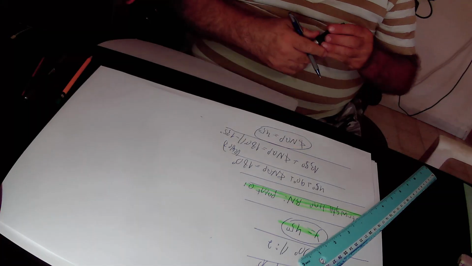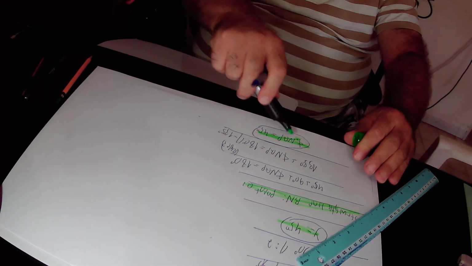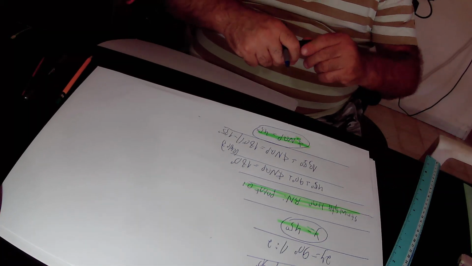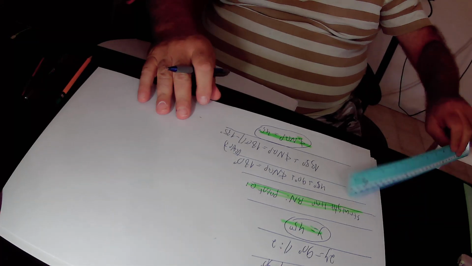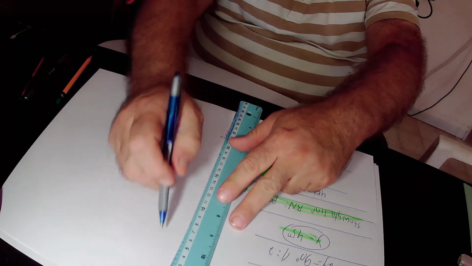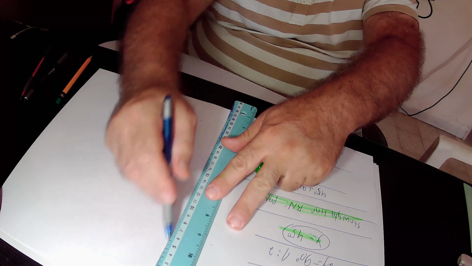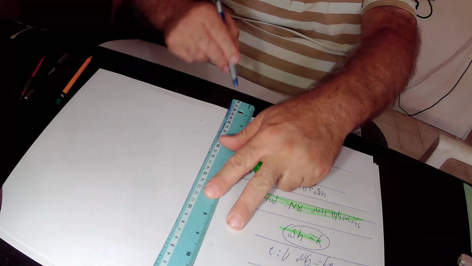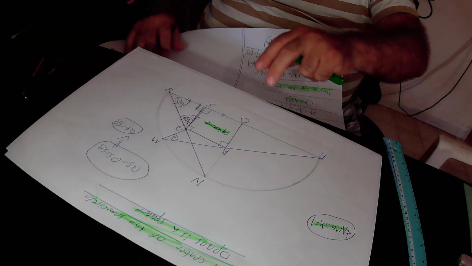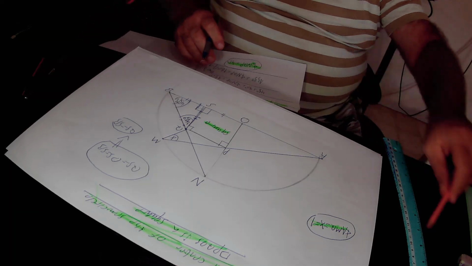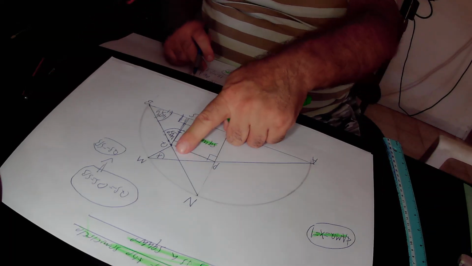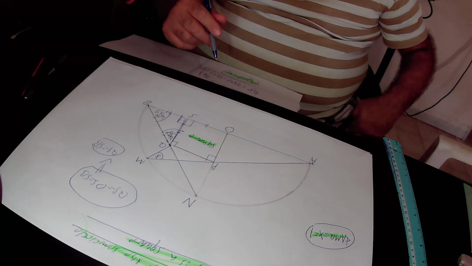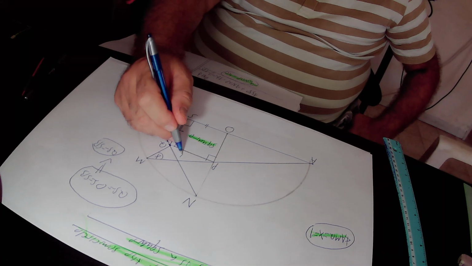So the missing angle NQP equals 45 degrees in its size.